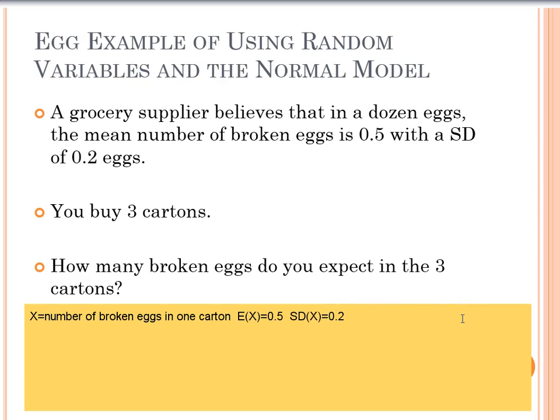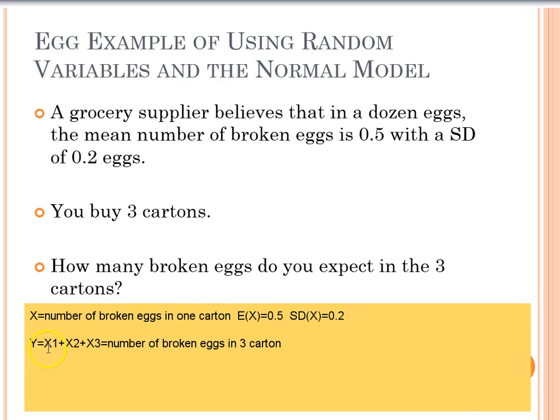But what we're actually interested in is 3 cartons, and so you can think of that new random variable as the number of broken eggs in 3 cartons. And that is just the linear combination of 3 individual cartons summed together.